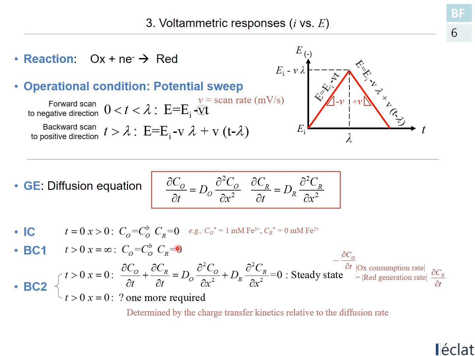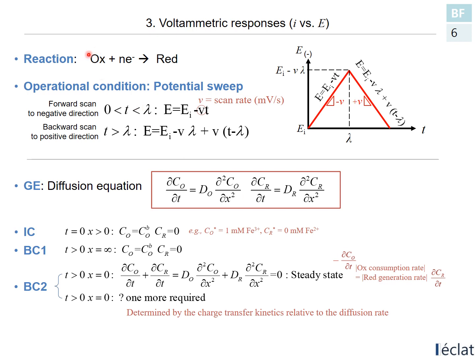And then let me go to boundary condition number 2, at the interface between the electrode and electrolyte, so x equal to 0. The first one of boundary condition 2 is obtained from the steady state condition. The consumption rate of oxidized species should be the same as the generation rate of reduced species, of course.